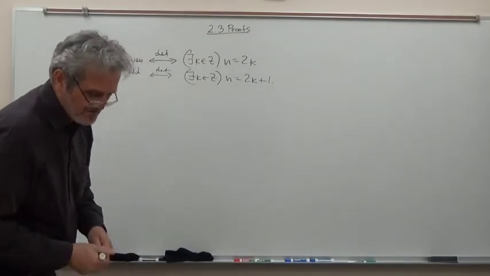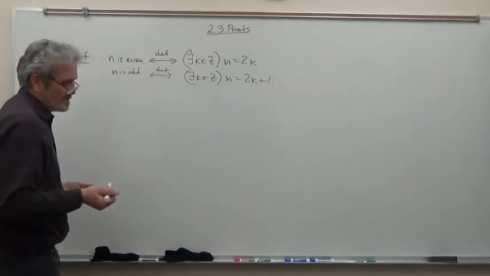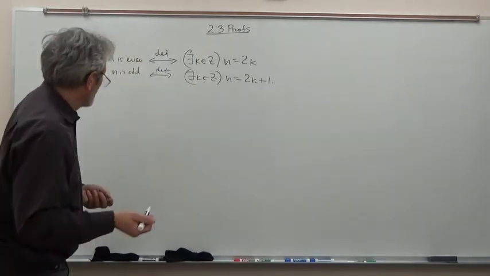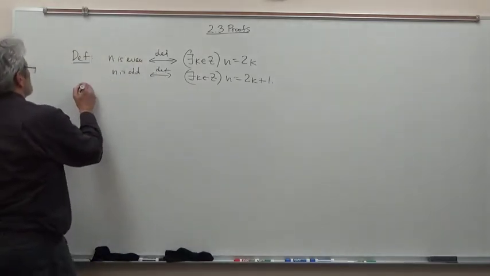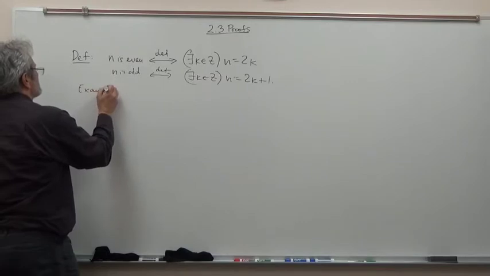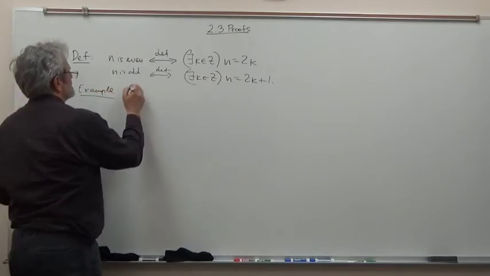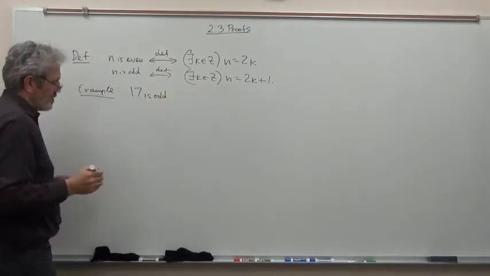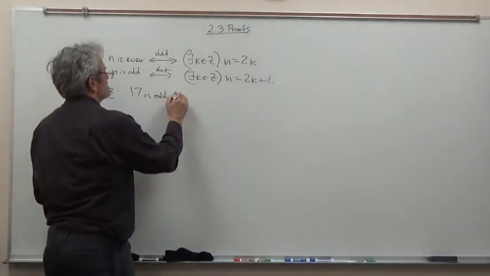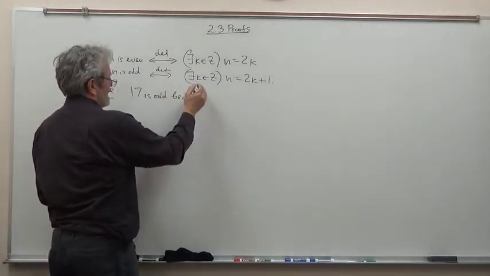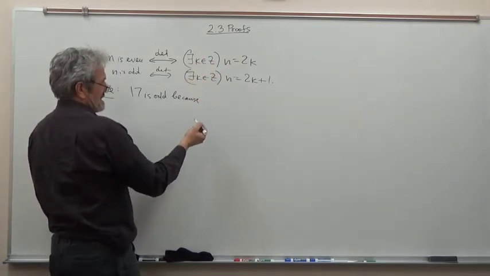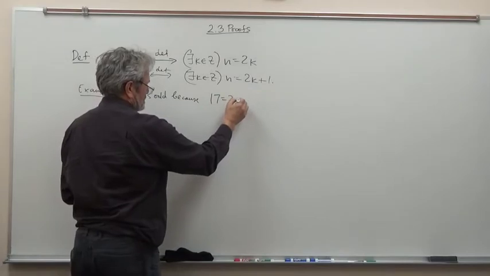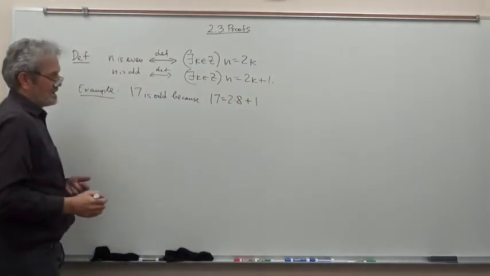I will skip a few things from my notes that are self-explanatory. So, example: 17 is odd. Why? Because actually, I can find the witness. 17 equals 2 times 8 plus 1.